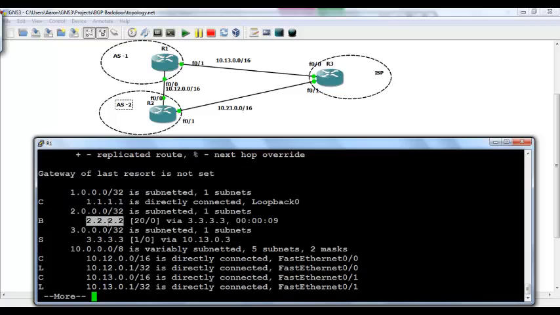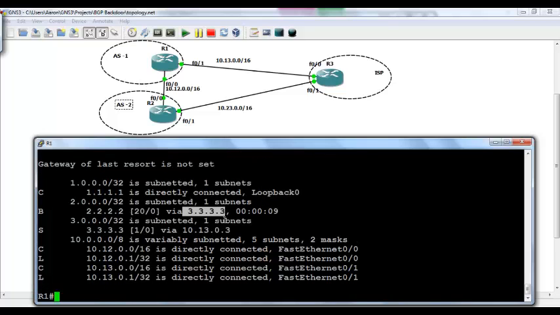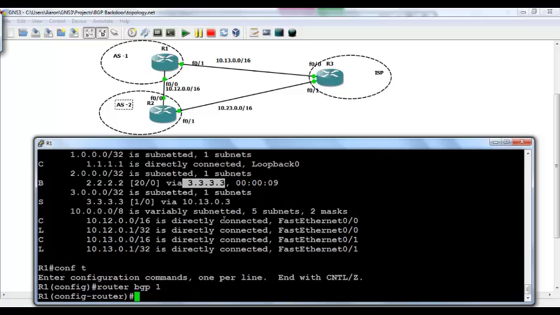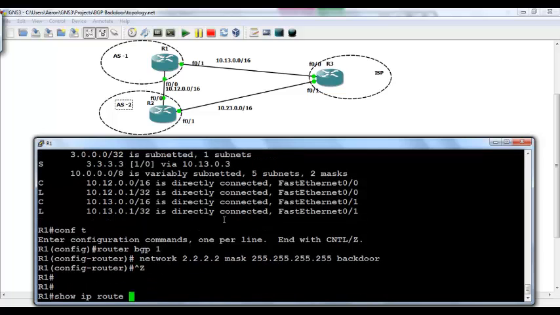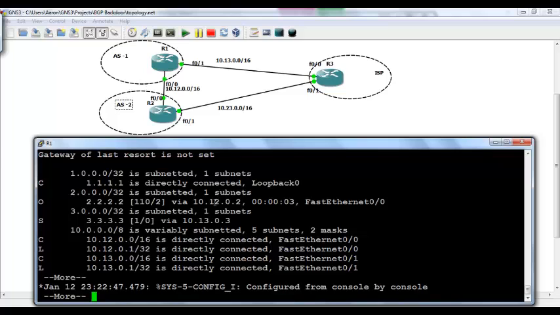The traffic is now coming from BGP. It is going via router 3, which is a long distance. So the backdoor makes OSPF override BGP. Let me put it back. You need to say network, the mask, and then backdoor. After I say this, you will see the traffic now goes through the OSPF update, not the BGP update.